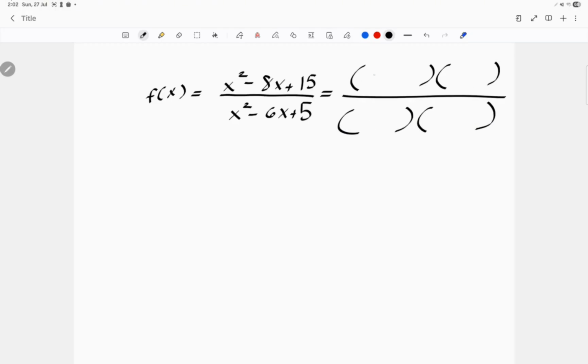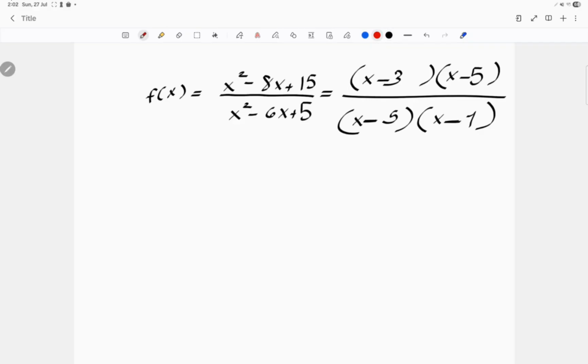So x minus 3 and x minus 5, and x minus 3. 5 is made of what times what? 1 times 5. So 5 and 1. And they're both negative because if you add -5 to a -1, you get -6.